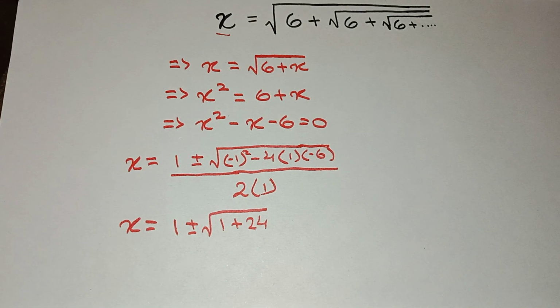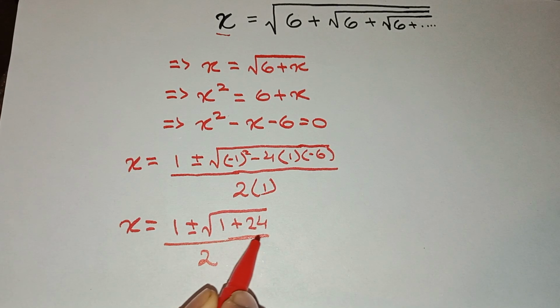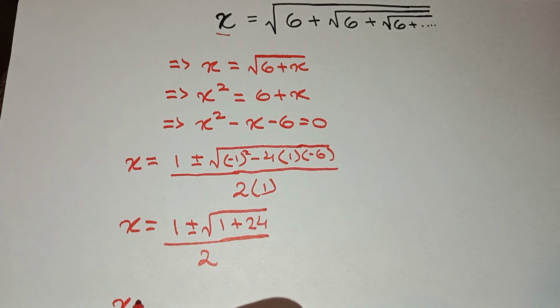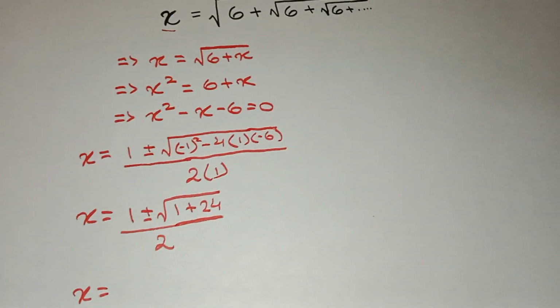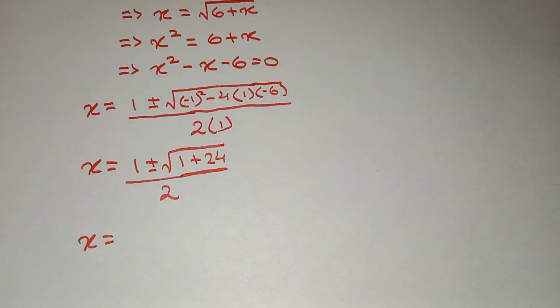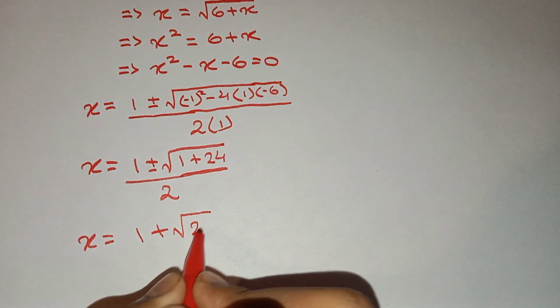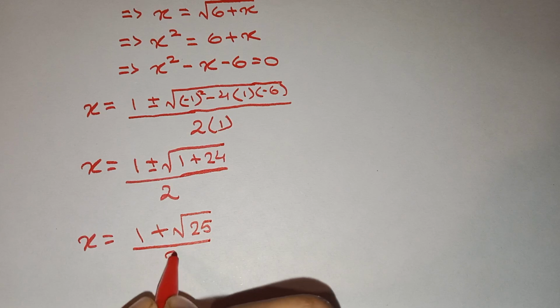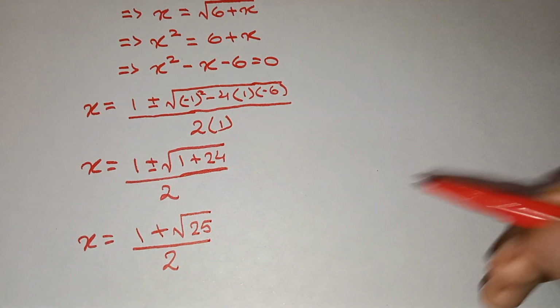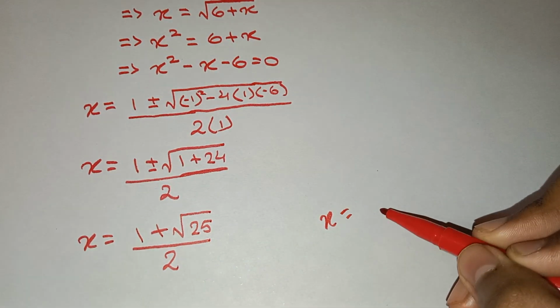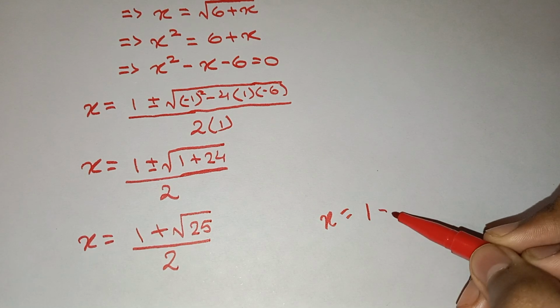So 1 plus minus square root of 1 plus 24 over 2, because 2 times 1 is 2. Now we can separate it: x equal to 1 plus square root of 25 over 2, and x equal to 1 minus square root of 25 over 2.